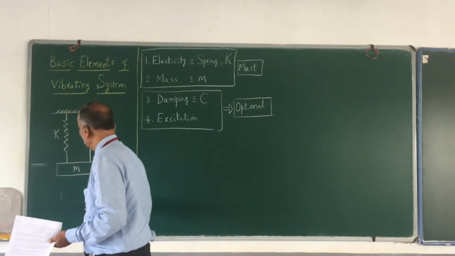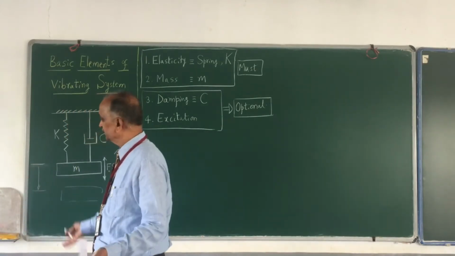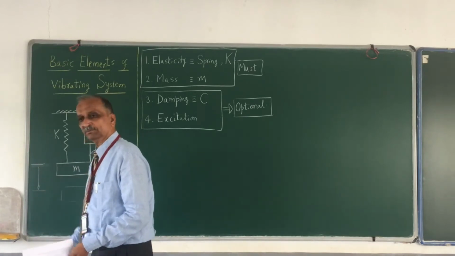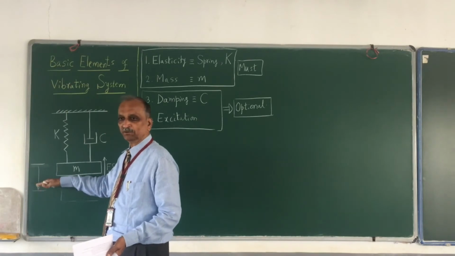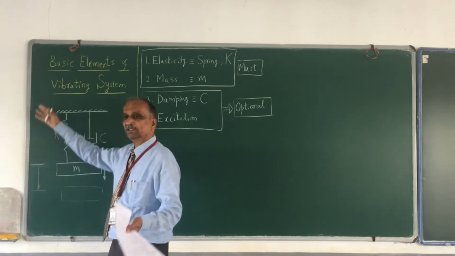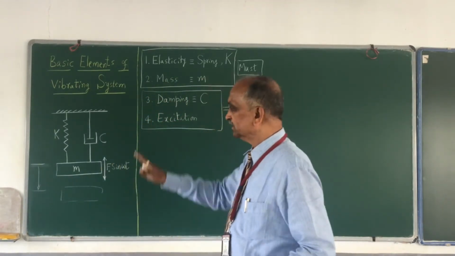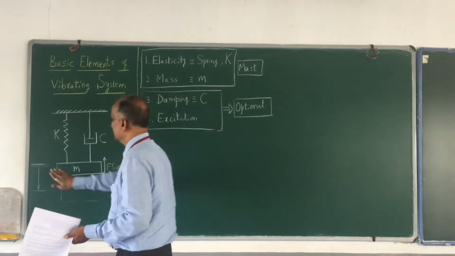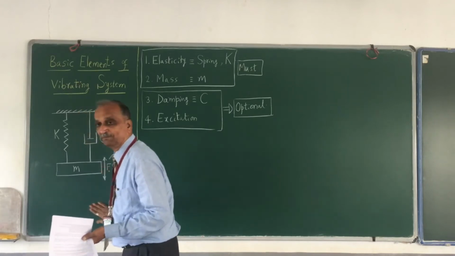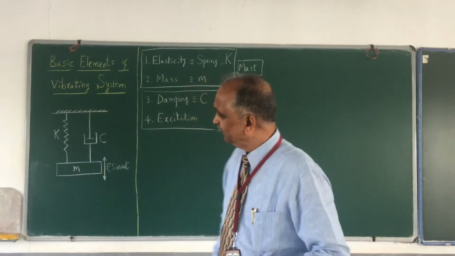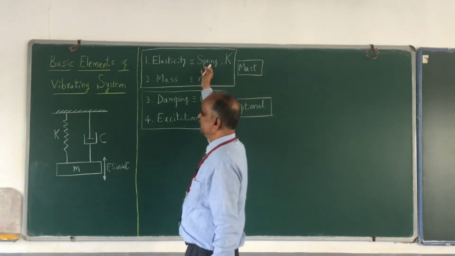If the mass is somewhere else, how much is this distance? If I just know it, that is sufficient. I can have a sign convention: if it is downwards with respect to the reference, I call it positive; if the mass is above, I call it negative. So if I just say the distance, one variable is sufficient, and that is why we say this system has 1 degree of freedom. I shall be discussing that differently again.